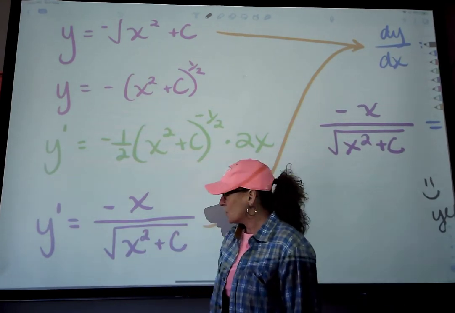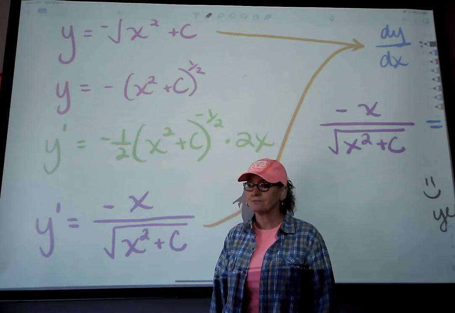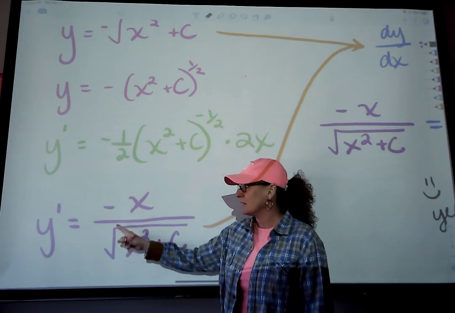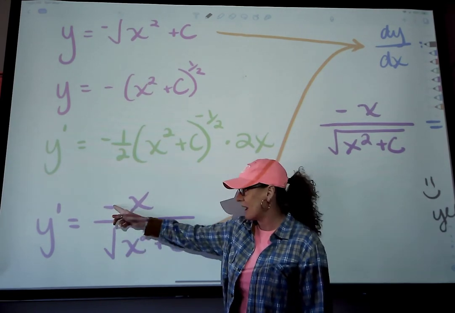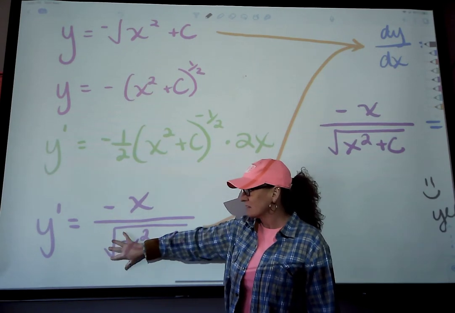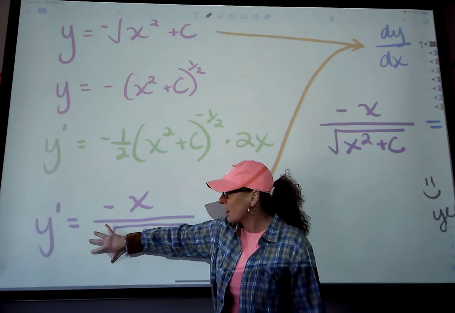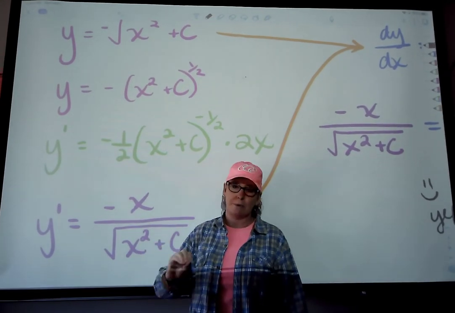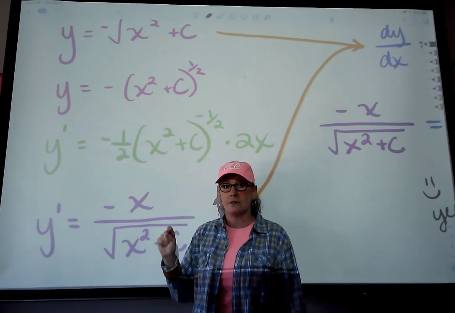Its derivative. Is it always negative? First of all, it doesn't really matter where I put my negative. I have it up here. I could have put it down here. Doesn't matter. But since it's up there, let's say that this represents the positive root. So I'm looking at the positive root of x squared plus c. My denominator will always be positive. What about my numerator? Will my numerator always be negative?